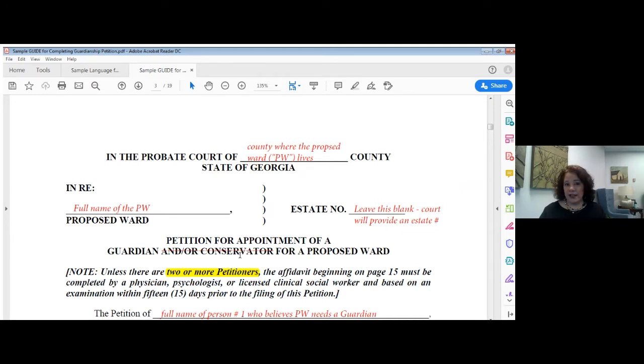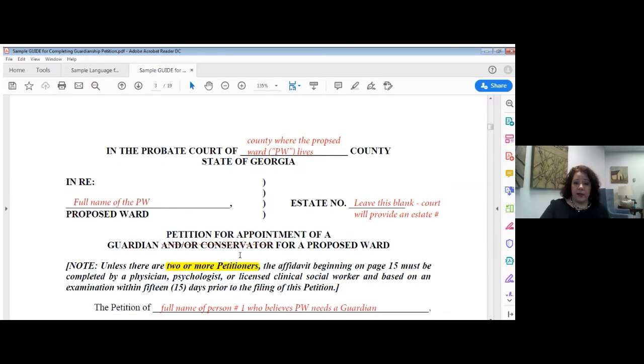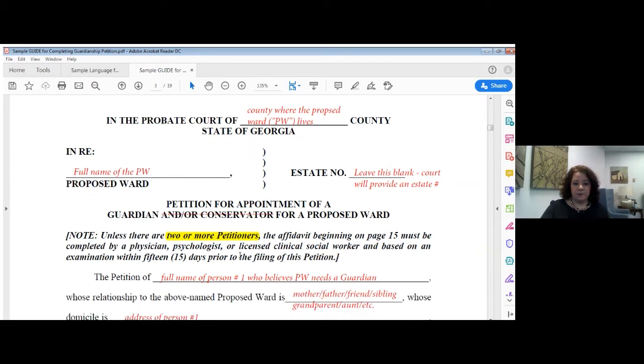In all likelihood, that's probably going to be you too, but just in case your child does live in a different county, it's the county that the child lives in. That's the appropriate place to file this petition.